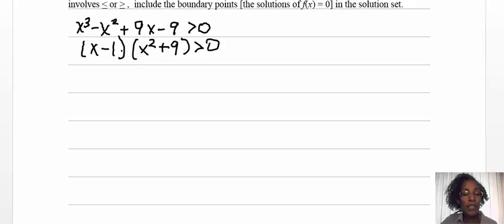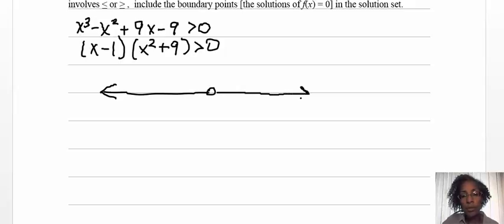The second presentation gives it in factored form. So this can also be thought of as the quantity x minus 1 times the quantity x squared plus 9 greater than 0. Now remember, we had divided our number line up into two intervals: the interval from negative infinity to 1 and the interval from 1 to infinity.